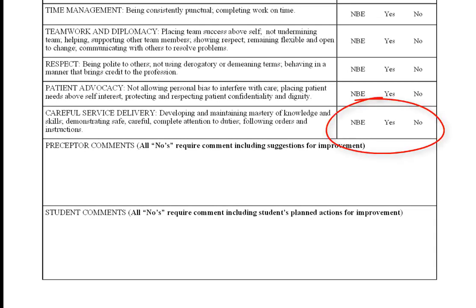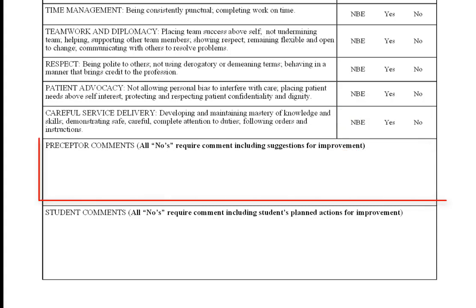The grading scale is binary, so either you met the standard or you did not. The preceptor has three choices. If they did not see an instance of the trait, they're going to mark NBE, or no basis for evaluation. If they did see an instance, then they will either mark yes or no. If they mark no, then you're going to need to make sure that they document why in the box below the evaluation.